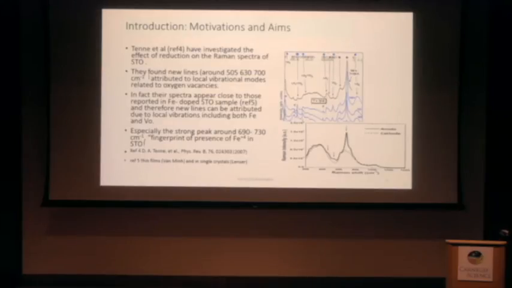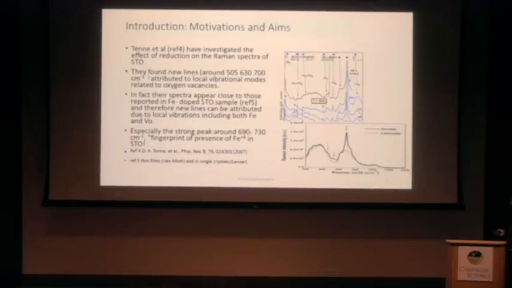But we have noted that these lines are located at nearly the same position as in the iron doped sample, and this is the case in thin films, single crystal or nanocrystal. So that means that probably these new lines could be attributed to an iron and oxygen vacancy pair.